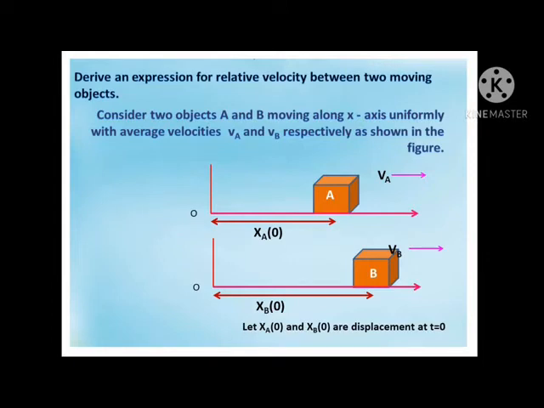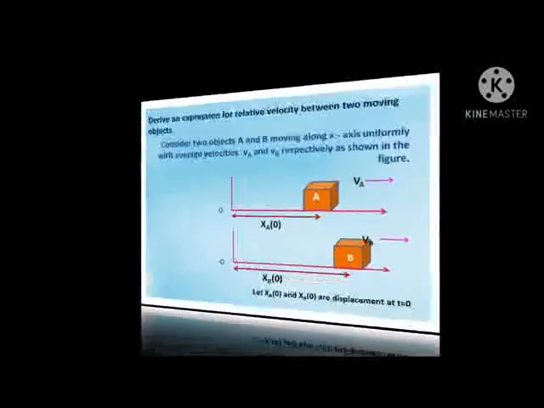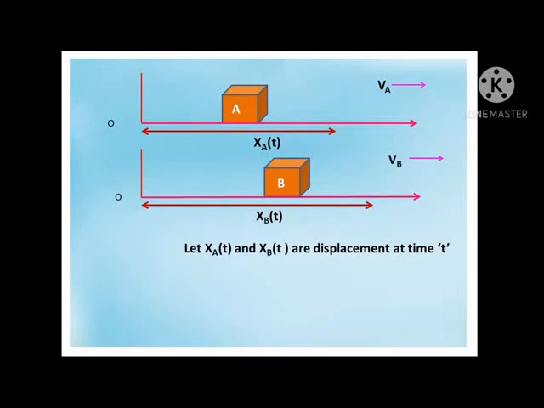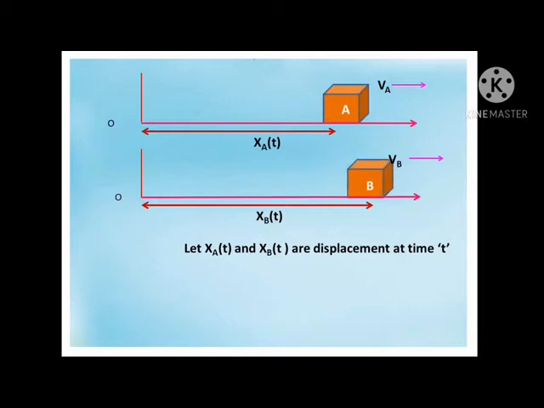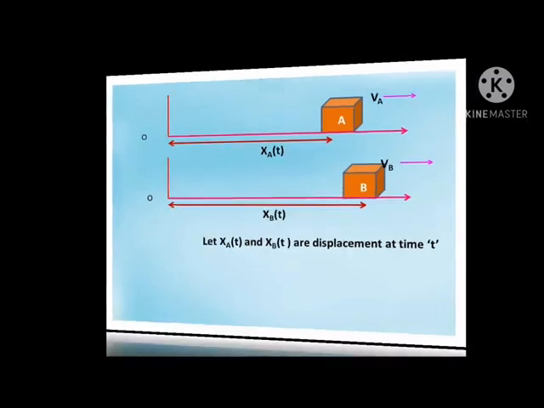Their displacements from the origin at time t equal to 0 are xa0 and xb0, as in the figure. After t seconds, suppose A is displaced to a distance xat from the origin and B to a distance xbt from the origin.